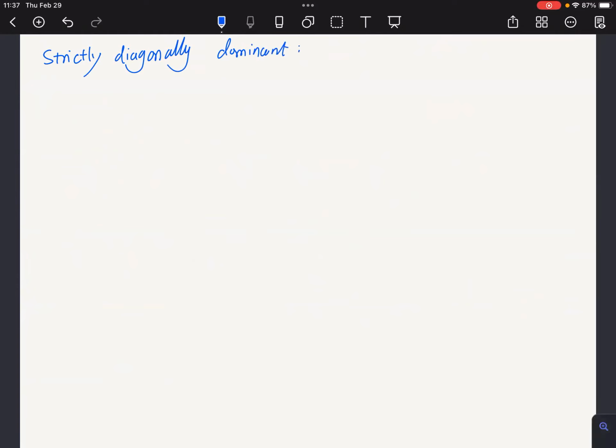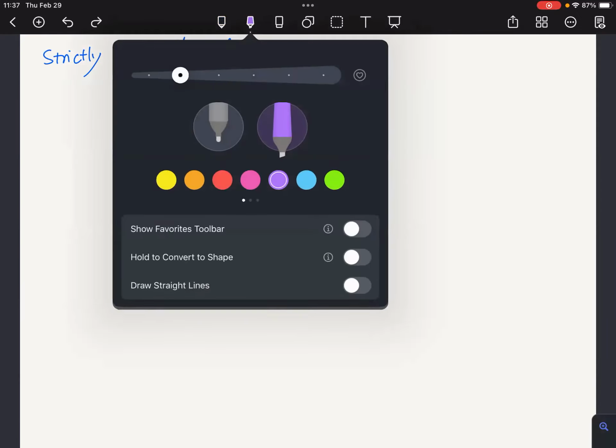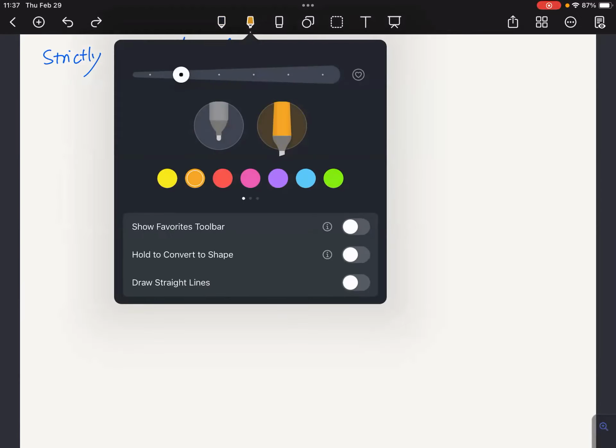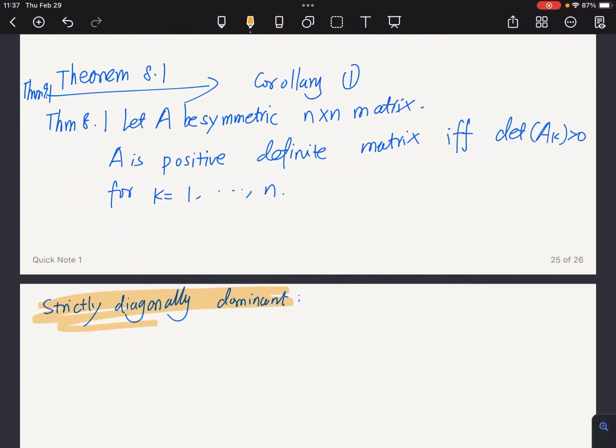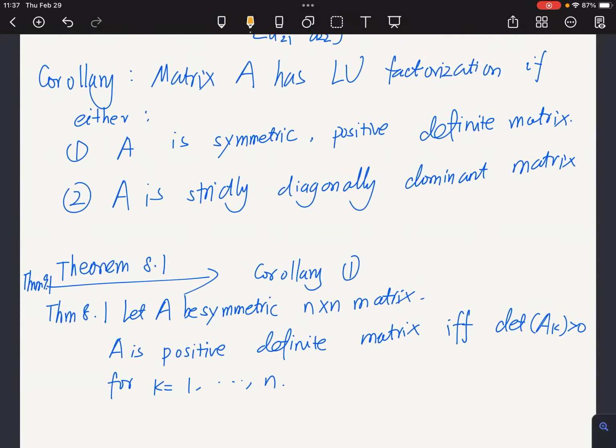The definition: let's say we have a matrix A, still n by n. But this time, it doesn't require the matrix to be symmetric. You can see the criterion here: we have a symmetric requirement in situation 1, but in situation 2, we don't require the matrix to be symmetric.